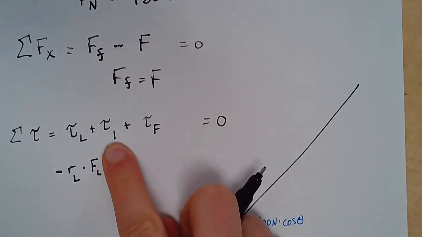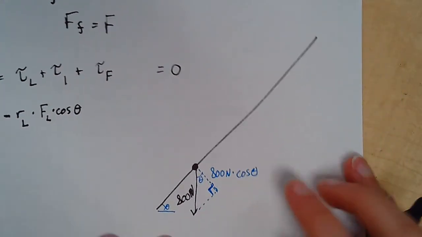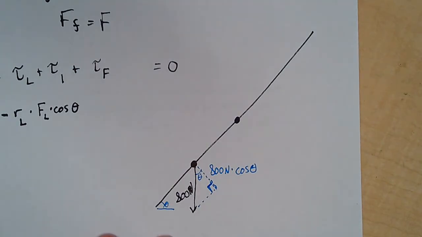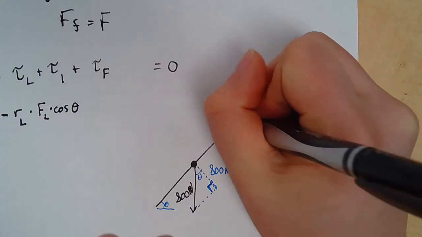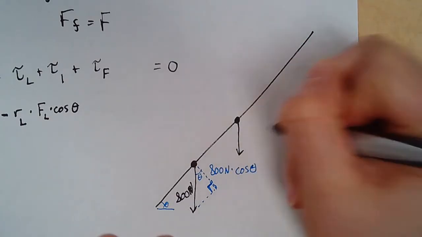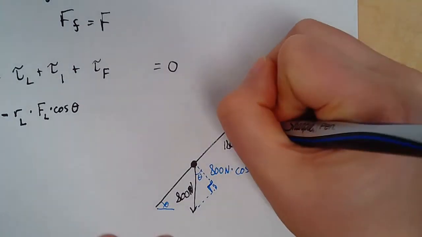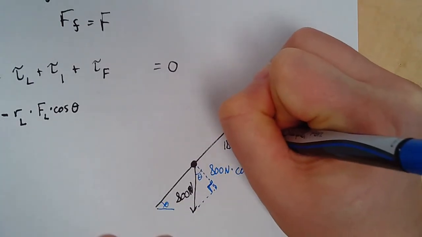We're going to do the same thing for the ladder. Now, the ladder is providing a torque, and when we have a pole of uniform density, we place the radius in the center of the pole. They tell us the weight of the ladder is 180 newtons. We're going to repeat that step just like we did with Lancelot.